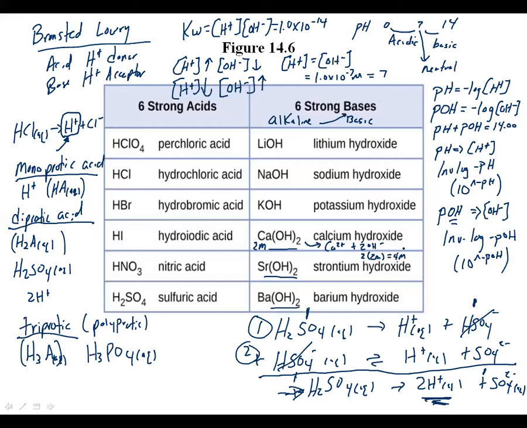So you would have to double the concentration of hydroxide to get the correct one. Once you do get the hydroxide concentration, you would then want to obviously go into the pOH, subtract from 14, and that would get you to the pH.